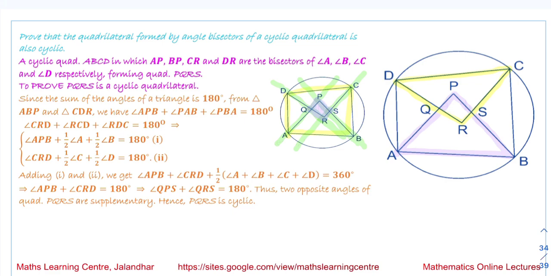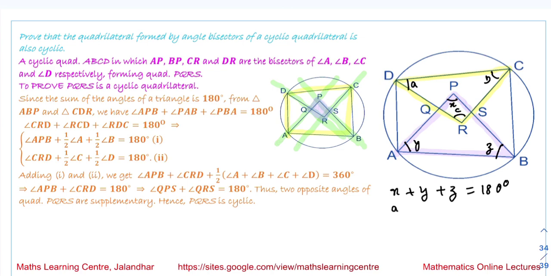If we are talking about this angle APB, suppose this is X, then we have the angle PAB, we are saying this is Y, and this angle is Z. Similarly we are saying this angle is A, this angle is B, and this angle is C. So we have X plus Y plus Z equal to 180 degrees.